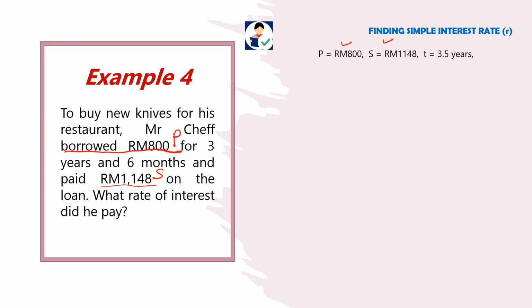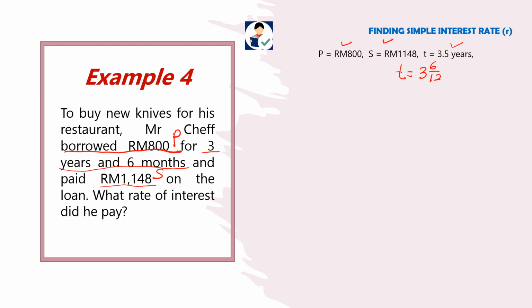And then the term of the loan is 3 years and 6 months. Means we write as T is equal to 3 years, 6 months is 6 over 12. Therefore, T is equal to 3.5 years.